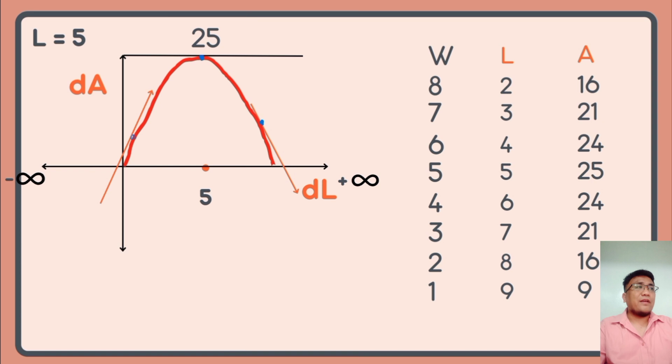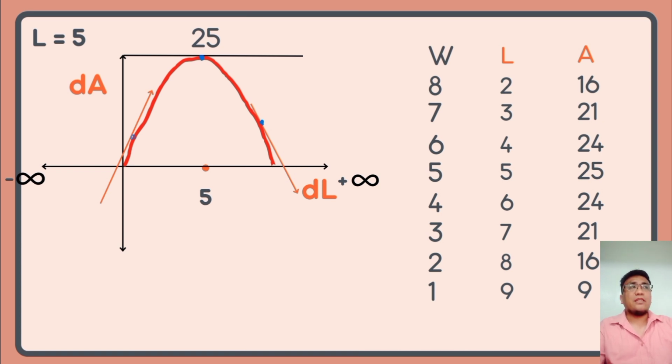So 5 and 5 is 25 because the total perimeter of 5 and 5 is 20, because 2W plus 2L, 2 times 5 is 10, and 2 times 5 is 10, which is 20. So if the value of the length is 2, which is somewhere here, the area is also low. It's just 16. 2 times 8 is 16.